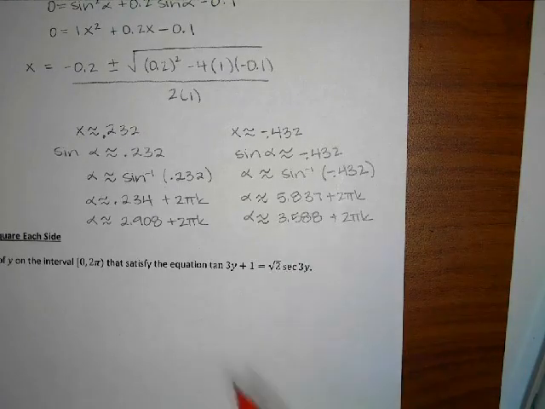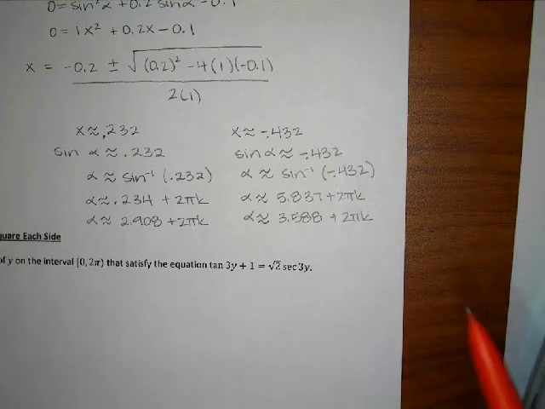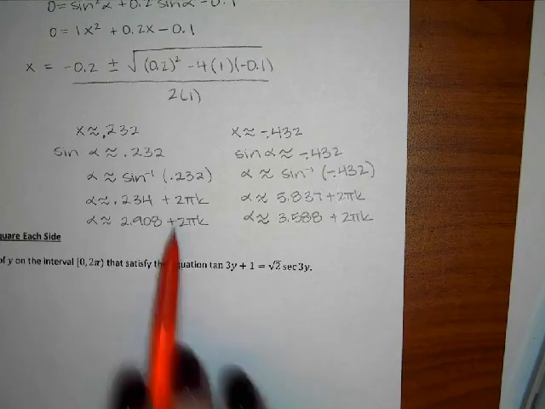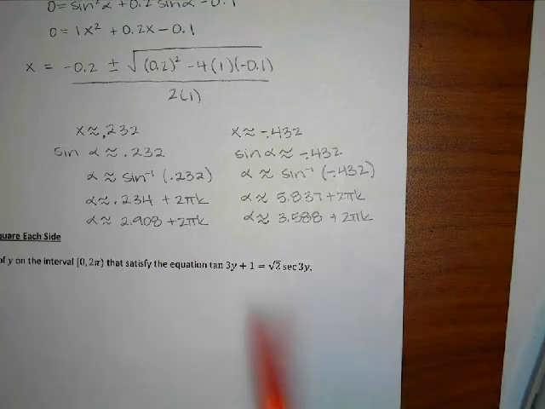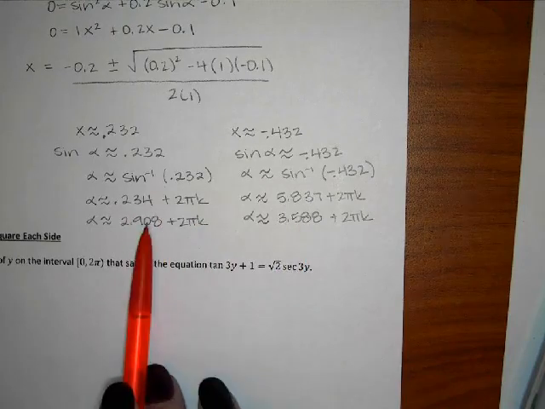And this didn't say that. Didn't say negative infinity to positive infinity. It just said from the interval 0 to 2 pi. So what I'm going to do is write my final answer as just these decimals, but I know that this would have helped me get more answers if my interval had been larger.